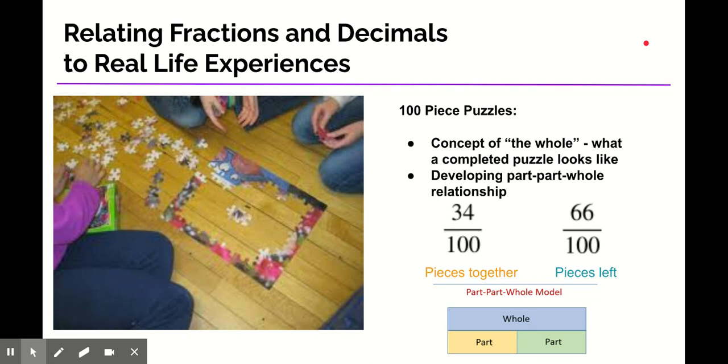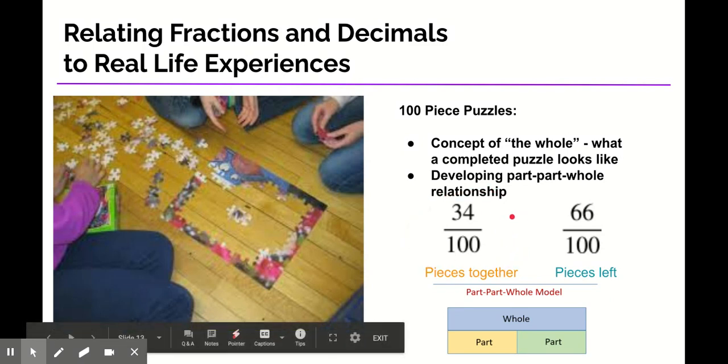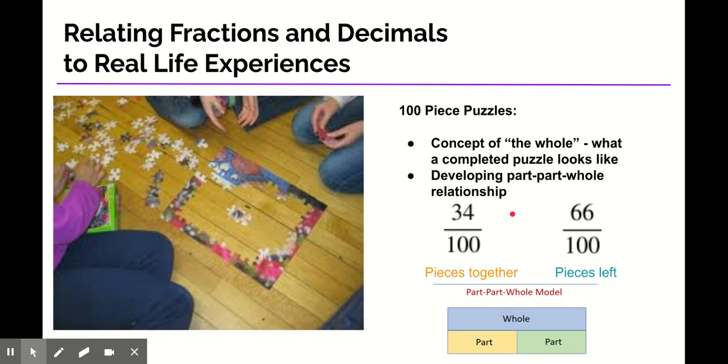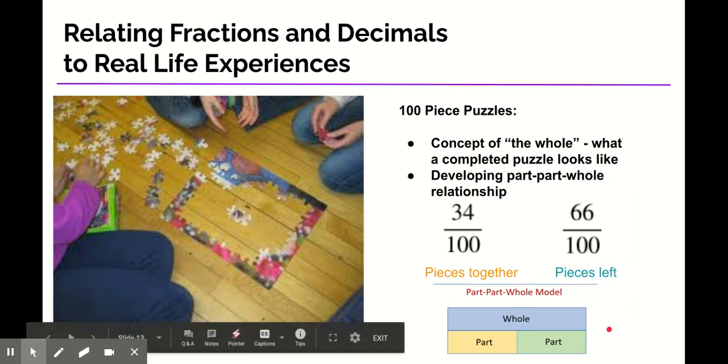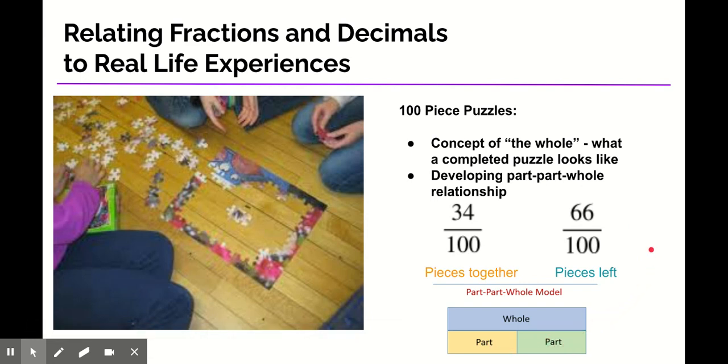If you're working on a puzzle that has 100 pieces and you stop students partway through, they may have put together 34 out of the 100, or 34 hundredths of the puzzle. The pieces left to be made are the ones not within the puzzle, so these would be the ones left over, or 66 hundredths. This is establishing that part-whole relationship, and this can also be related to decimals and percentages.